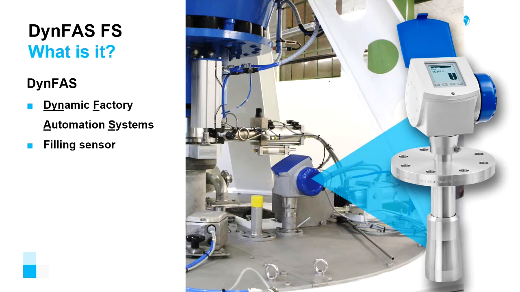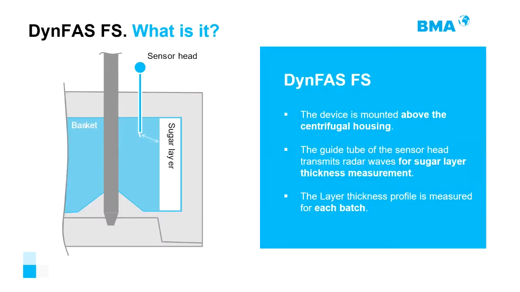And FS stands for Feeling Sensor. That's the name, that's the introduction. What does this sensor do? Good. This sensor is a radar measurement which allows us to measure the sugar layer thickness in real time during the load of the machine.